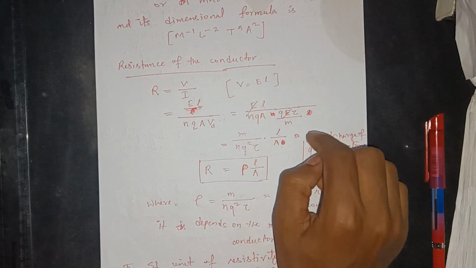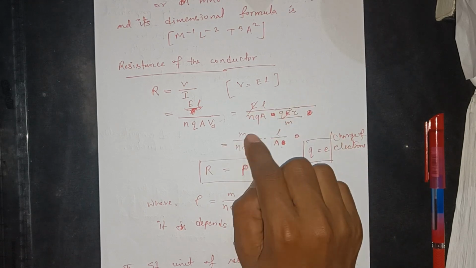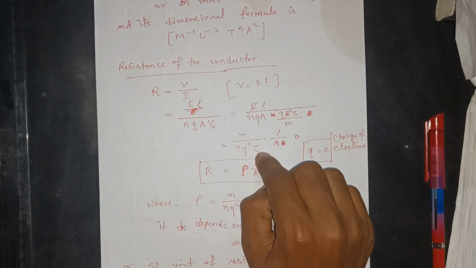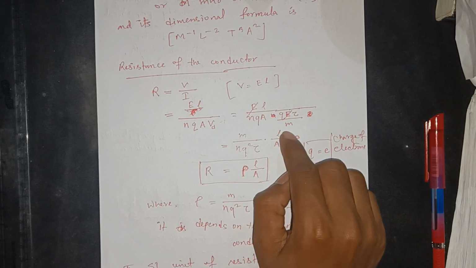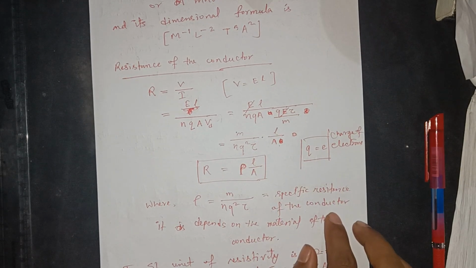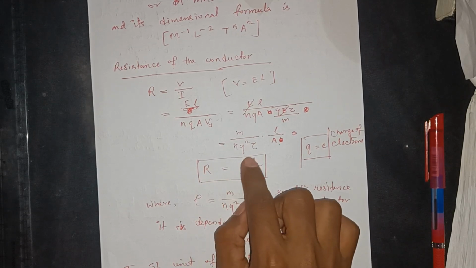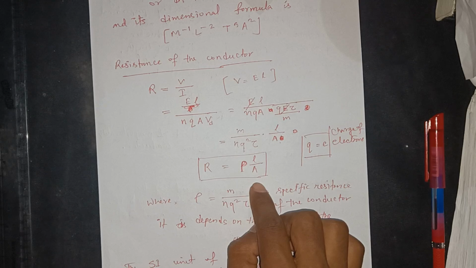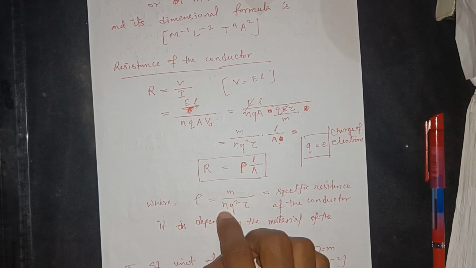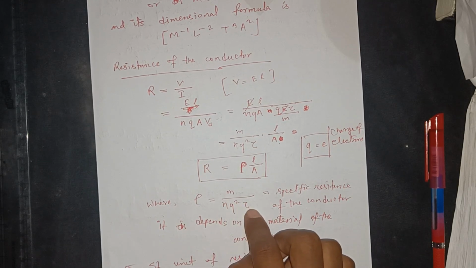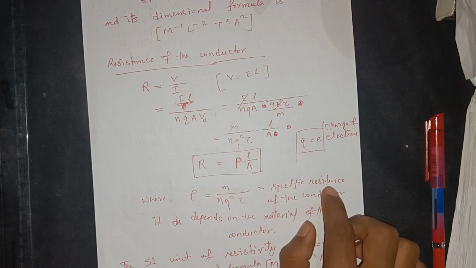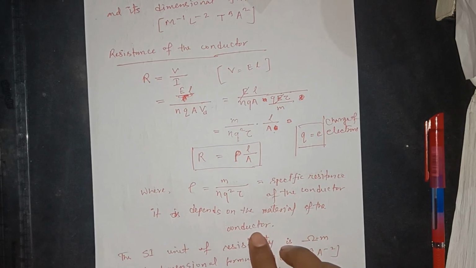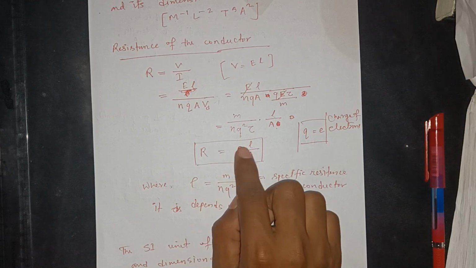So E cancels, m goes up, R is equal to m divided by nq²τ into L divided by A. We can also write R is equal to rho L by A. So rho is equal to m divided by nq²τ. That is called the specific resistance of the conductor. It depends on the material of the conductor and is also called resistivity, denoted by rho.